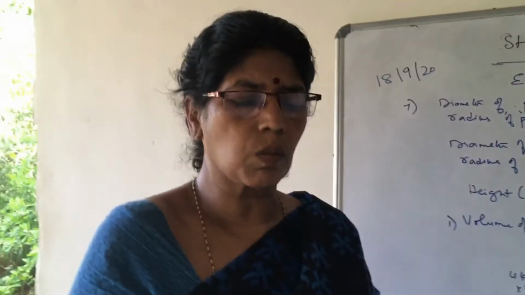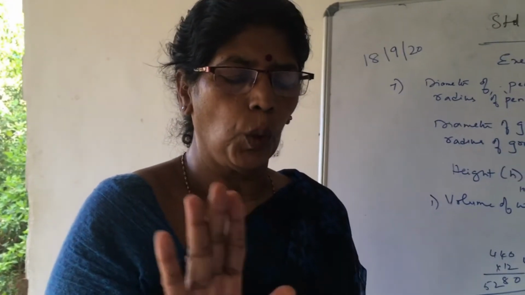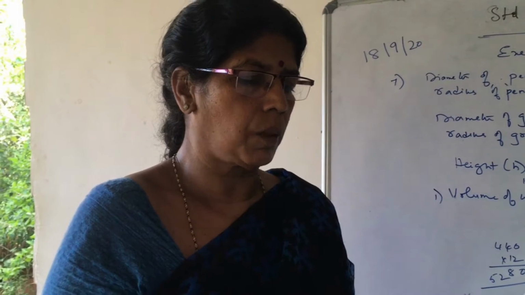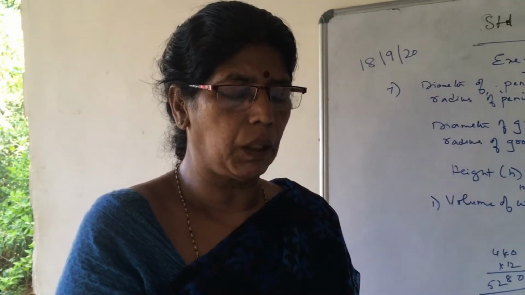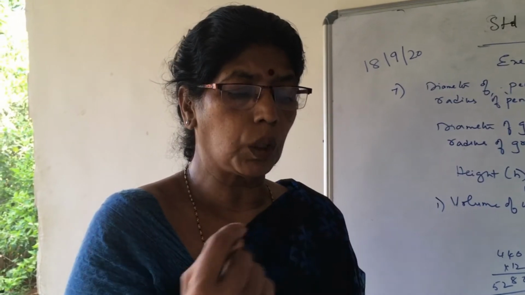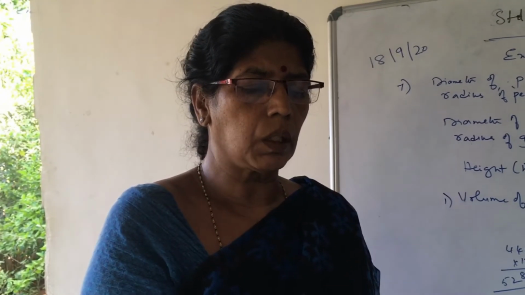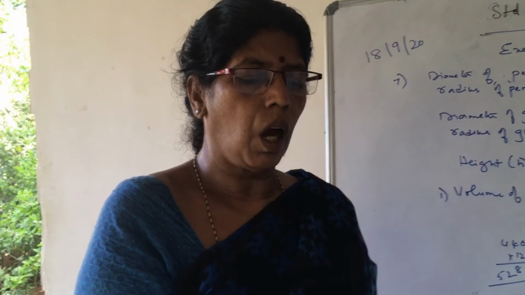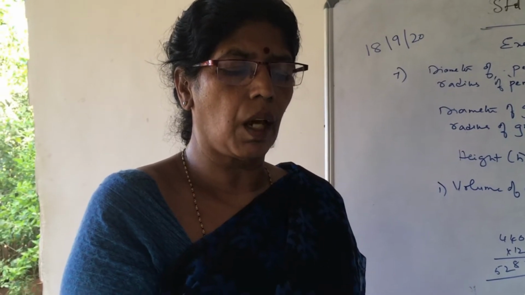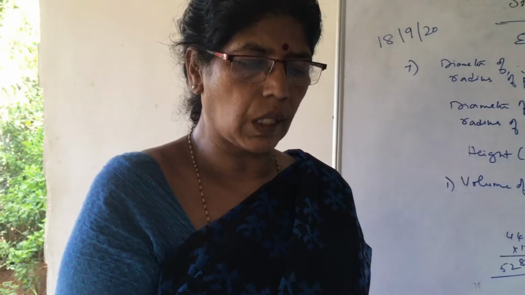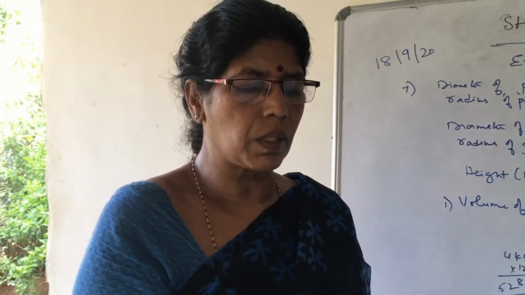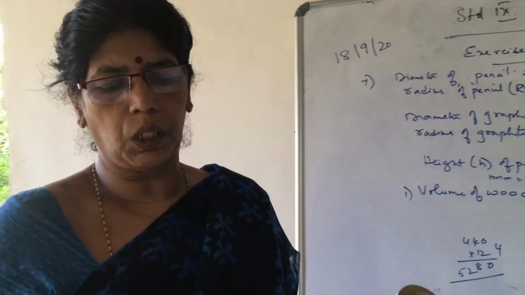Because graphite is inside, the inner diameter is 1 millimeter, so the inner radius will be diameter by 2, 1 by 2 millimeters. The pencil diameter is 7 millimeters, so with the outer covering, the outer radius will be 7 by 2. The length of the pencil is the height, 14 centimeters.